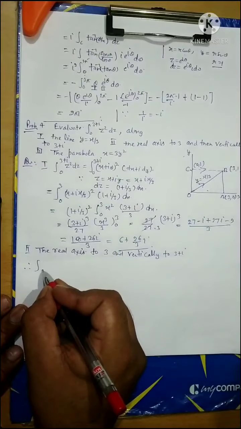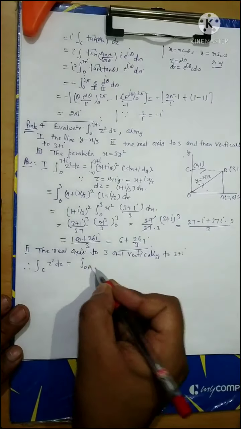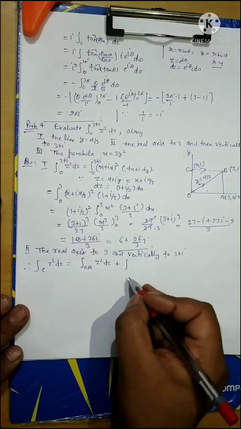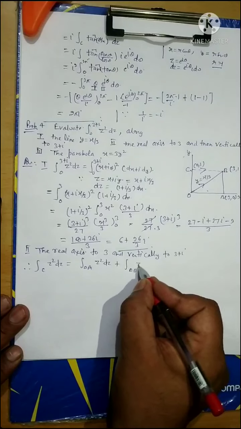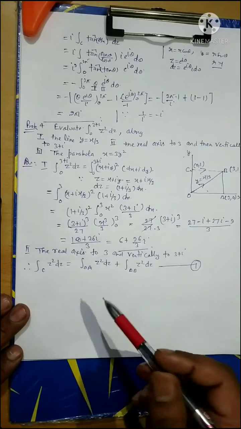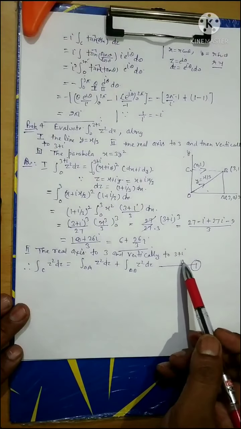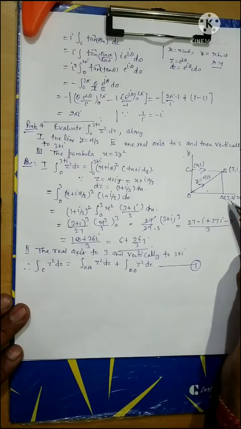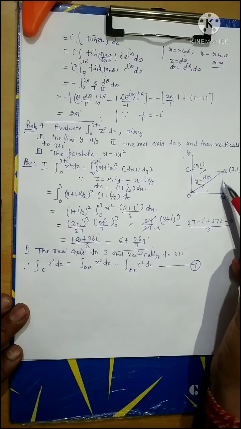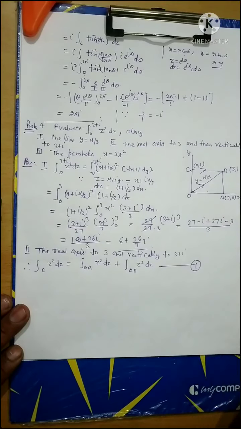Therefore the integration over contour C of z square dz is equal to the integral over OA of z square dz plus the integration over AB of z square dz. We consider this as equation number first. Now line 3 and vertical line 3 plus i, that is the OA and AB lines.